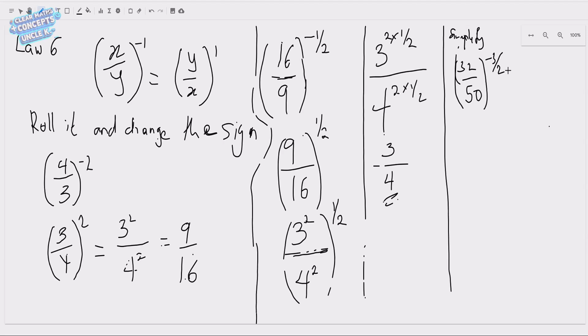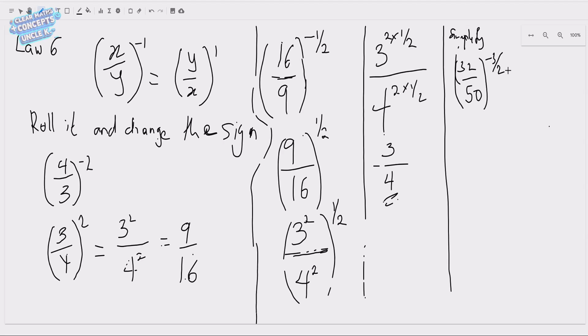Why did I say that? Now if you look at 32 and 50, you can write them as index form, right? But you can see that there is a number that can actually divide them, which is 2. So if the numbers are divisible, that should be the first thing you do. You divide them before you now think of expressing in index form.